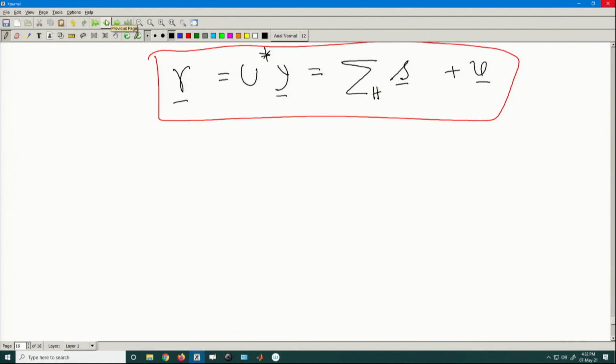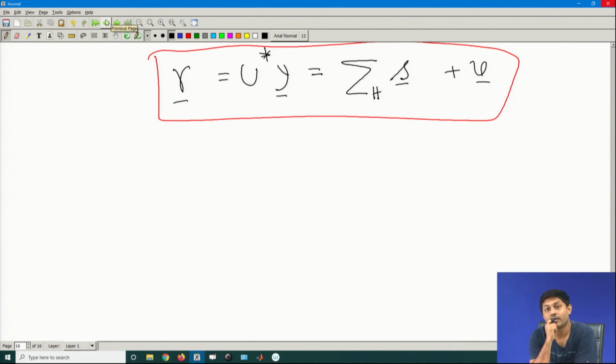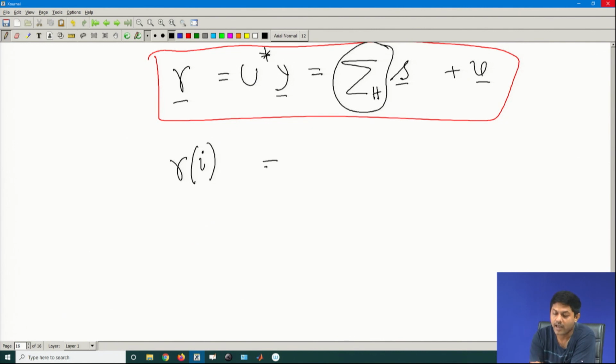Now, let us think about it. What is the decoder strategy? So, now this is the diagonal matrix, right. It is a diagonal matrix. So, what will I do if it is a diagonal matrix? Is it a difficult thing to do? If it is a diagonal matrix, I always get the individual element of R as sigma i times the ith element of this S vector, plus this V i.